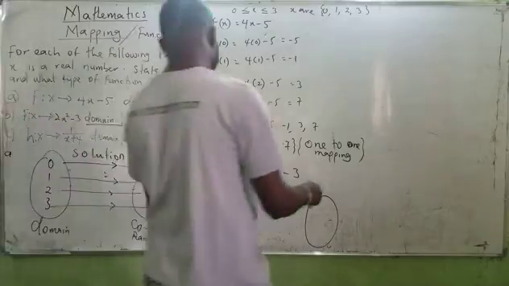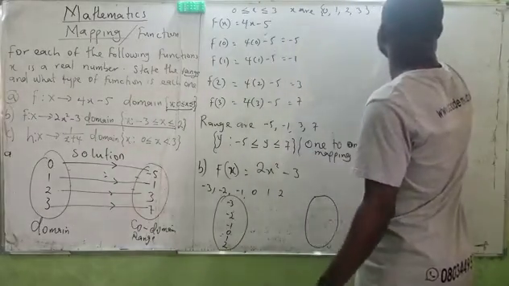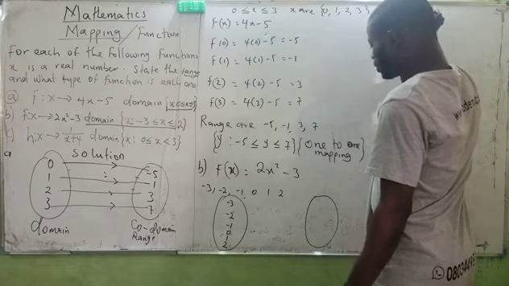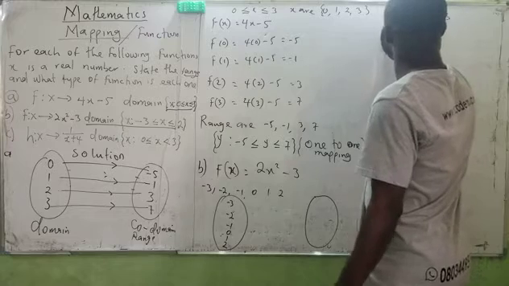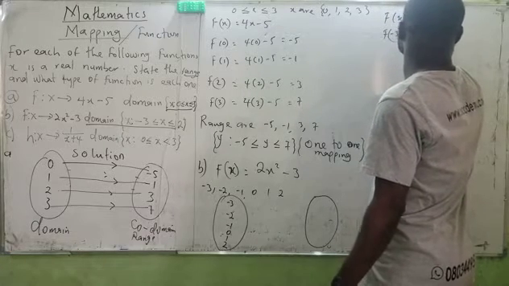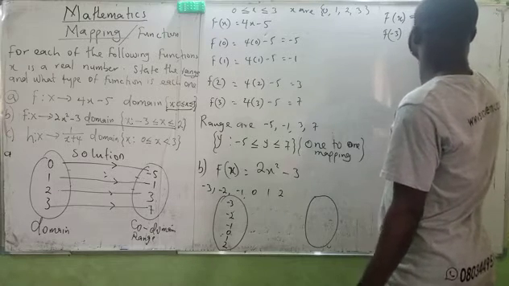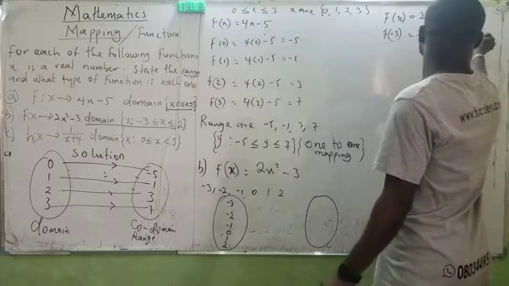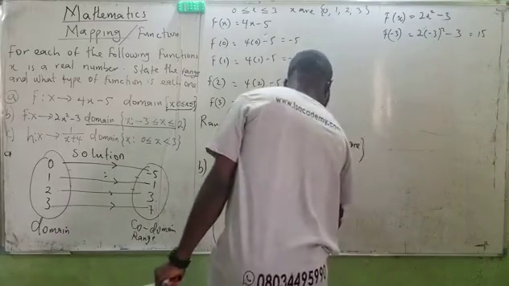Now when it is -3, it means my function is f of x equals 2x squared minus 3. Now f of -3 will be equal to 2 times (-3) squared, which is going to be 18, minus 3, that will be 15. I'll be having 15. Can you see?